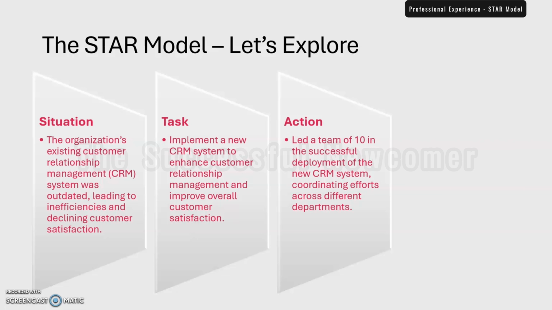You're not just writing that you managed a team of 10 or led a team to successfully deploy the CRM system. You're thinking about the results that you helped your former organization achieve.